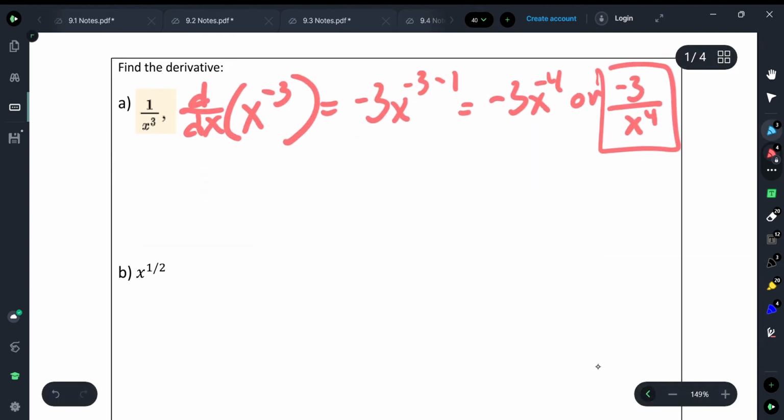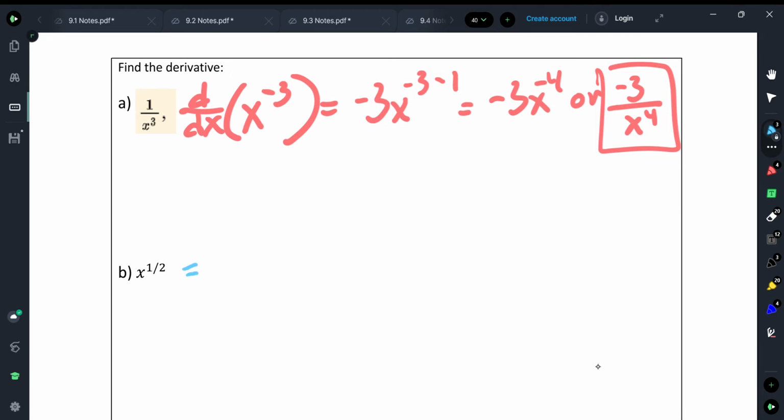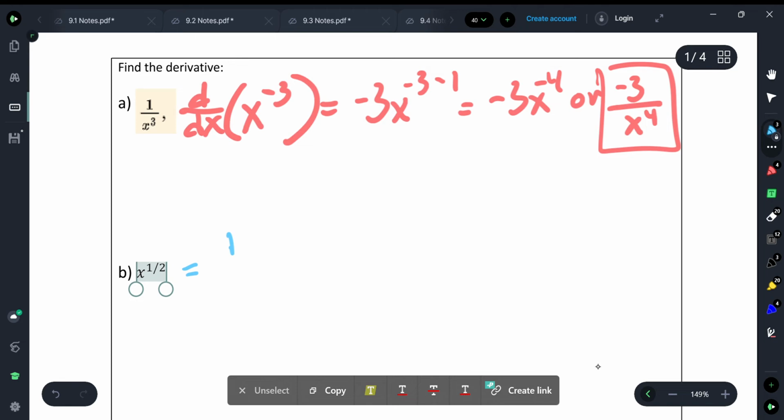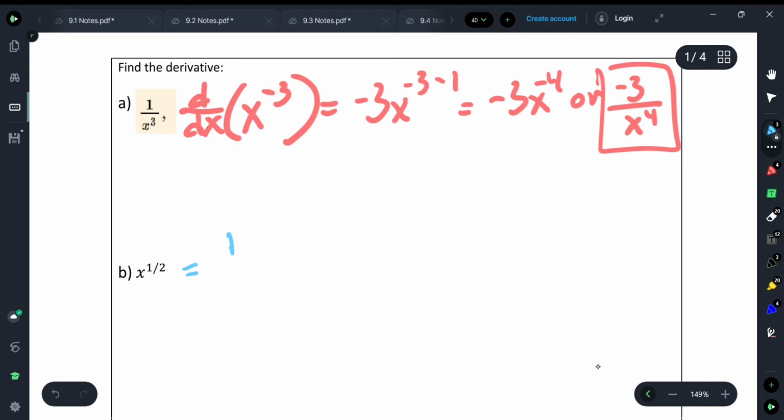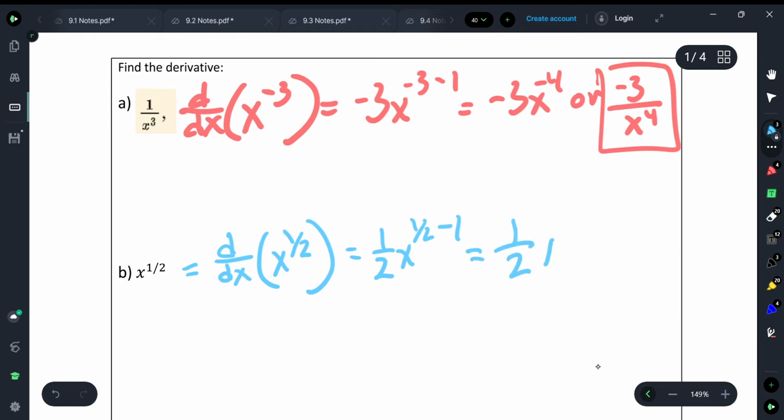All right, here's another one you're going to see a lot. You can probably just memorize the answer. As we take the derivative here of x to the 1/2 power, which is literally the square root of x, we're going to bring this power down. We're going to take x to that power minus 1. All right, so we got to be careful with that. This is x. 1/2 minus 1 is negative 1/2.